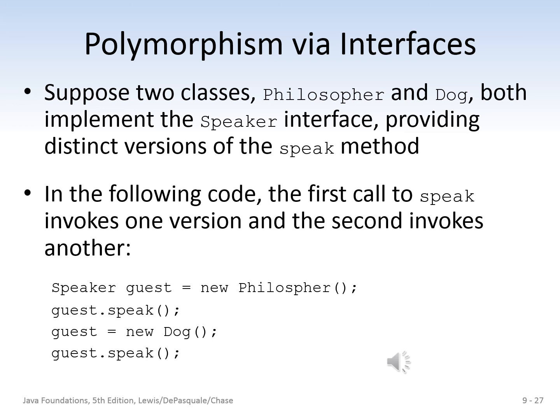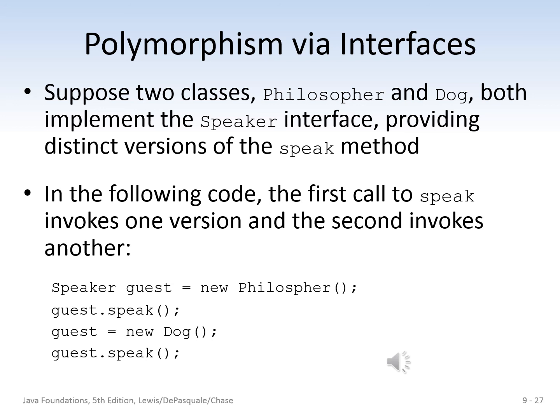In the following code, the first call to speak invokes one version of the speak method, which is defined in the Philosopher class. So guest.speak, after the guest object reference variable created with the Speaker interface reference, calls speak, a method defined in the Philosopher class.